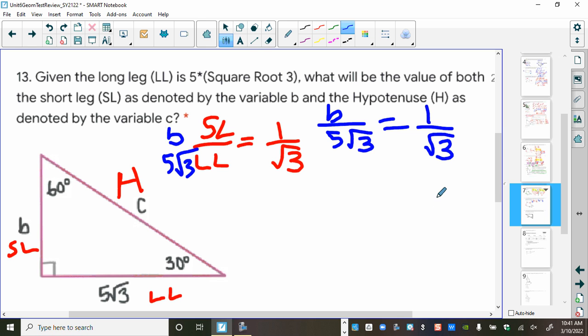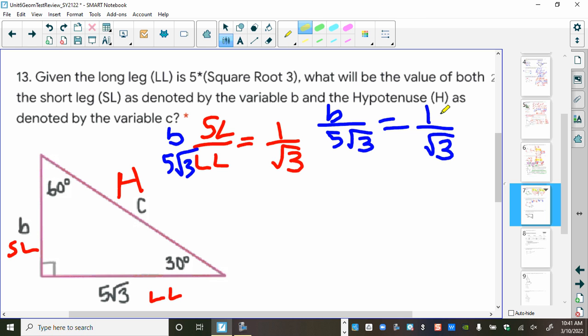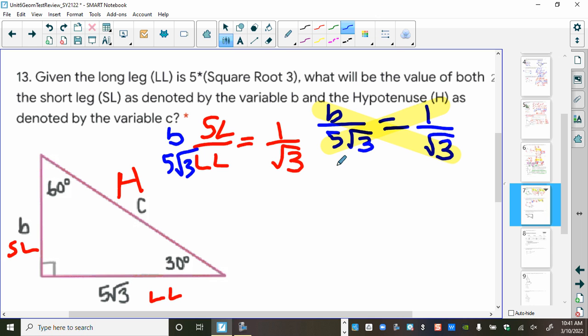Now, as always, what do we need to do? We have our proportion. We need to do what, ladies and gentlemen? It's cross multiplication. Now, this one's not going to be so bad because, well, what's 1 times 5 square root of 3? What do we have in the end?